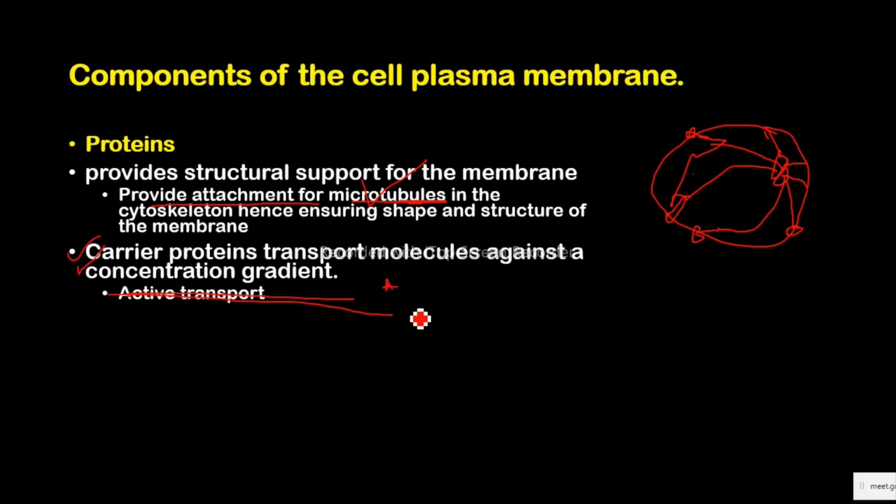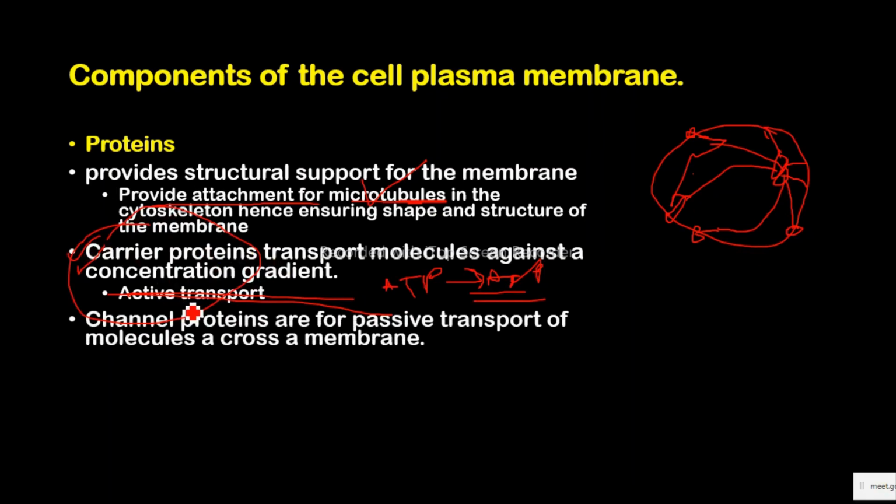So it means that some proteins work as enzymes that will hydrolyze ATP to ADP, and the energy that is evolved is going to be used in active transport. So all those are proteins within a plasma membrane.